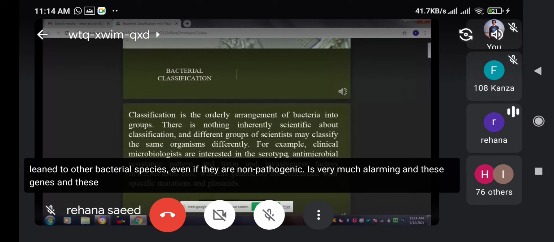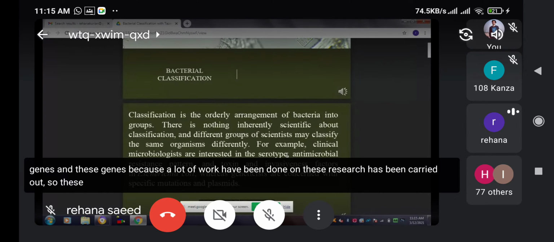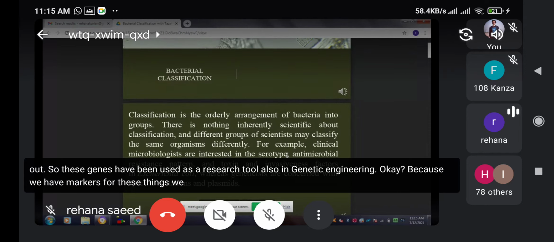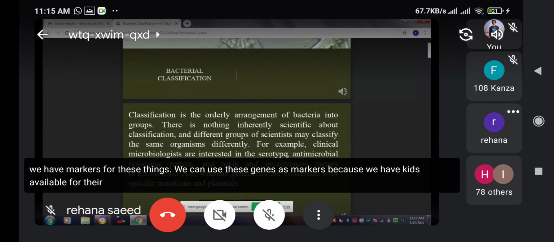And because a lot of work and research has been carried out on these genes, they have been used as a research tool also in genetic engineering. We have markers for these genes, so we can use these genes as markers because we have kits available for their identification or their marking.